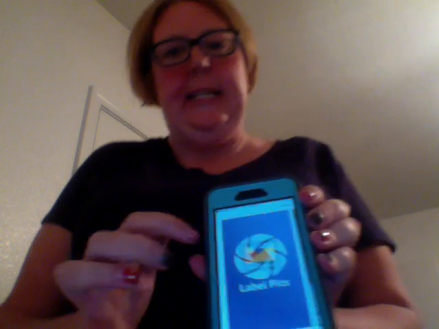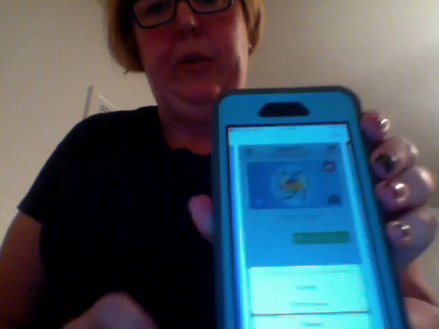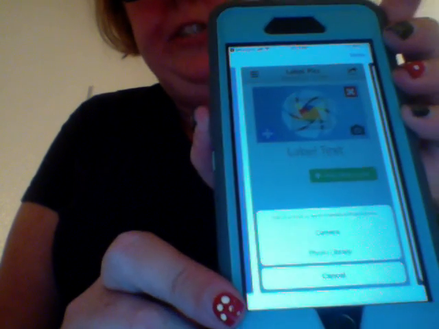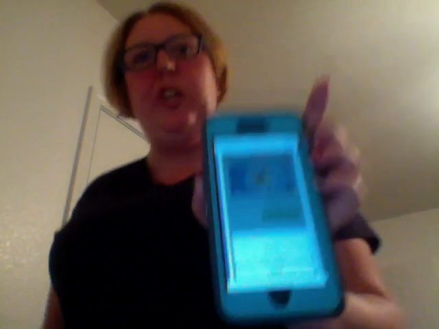So all LabelPix is it allows you to access your camera to take pictures of things that are in your classroom, because there are lots of programs on the computer where you can download pictures of simple things, pillow or the toilet or a sandwich or something like that, but it's a very generic picture.